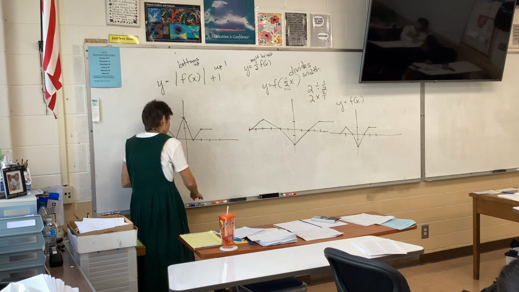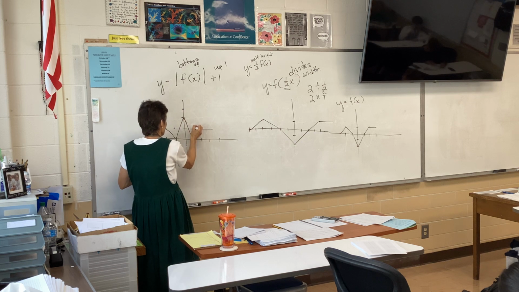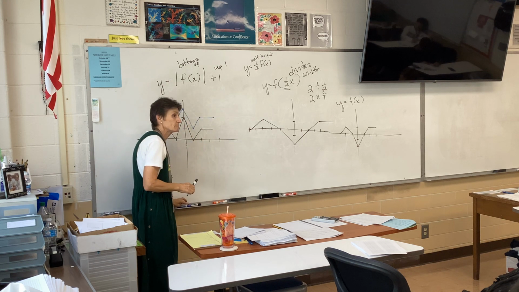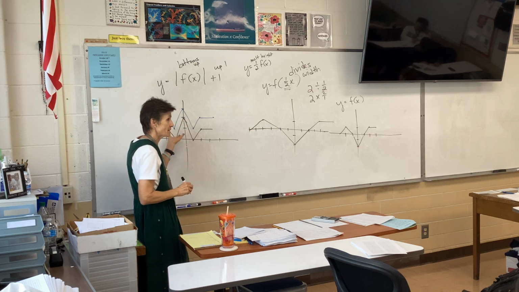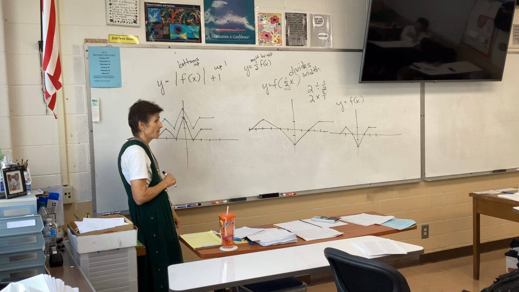Do whatever works for you. I'm just literally going to pick every point up 1 unit. And the blue thing is the answer to the question. Feel free to use colored pencils and do that strategy if that works for you.